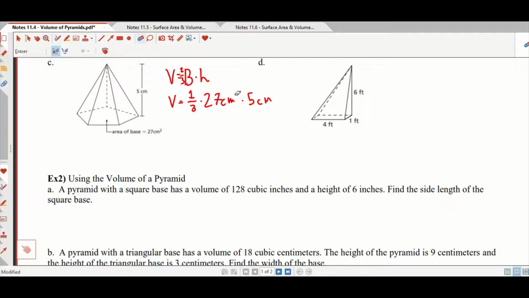If you do 27 times 1/3, or 27 divided by 3, that's 9 centimeters squared, times 5 centimeters, and 9 times 5 is 45. So the volume is equal to 45 centimeters cubed.